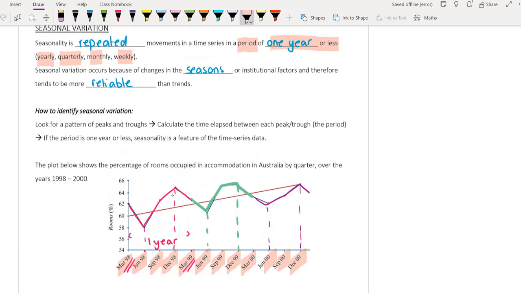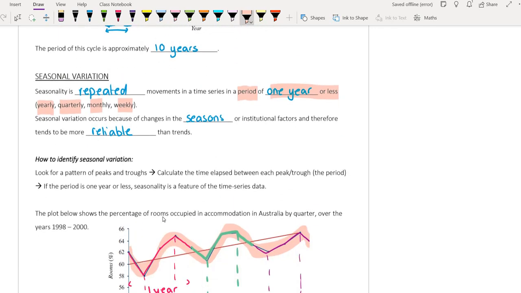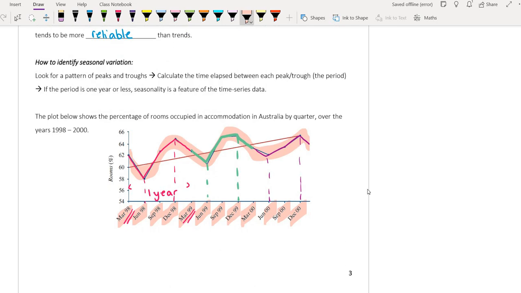Any sort of pattern here, we call seasonality or seasonal variation. And for this one, as you can see, it's roughly about a year. You can see the low here and here, and the time between them is June of 98 to June of 99, so you can see that's 1 year.